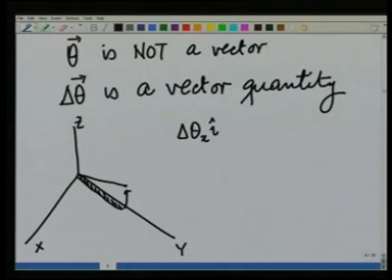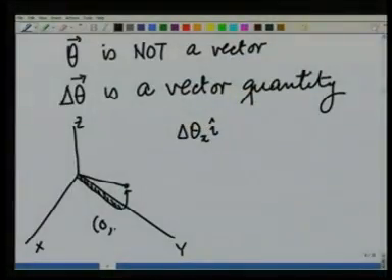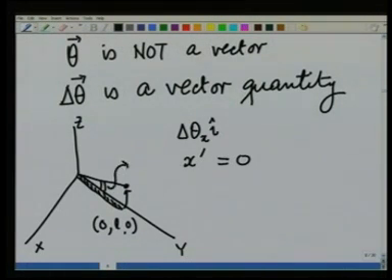After this rotation, what about the new coordinates of this end? To start with, this was 0, L and 0. You will see that x prime remains 0. This angle is delta theta x.